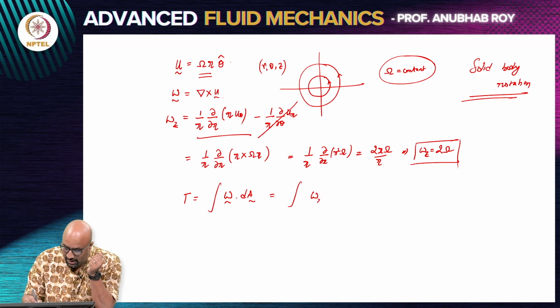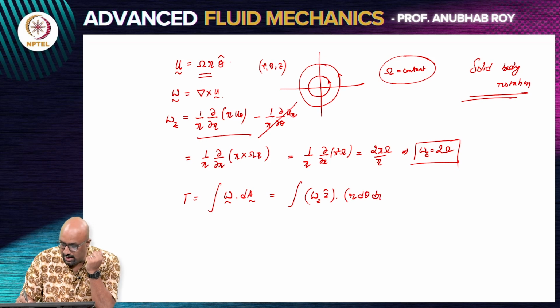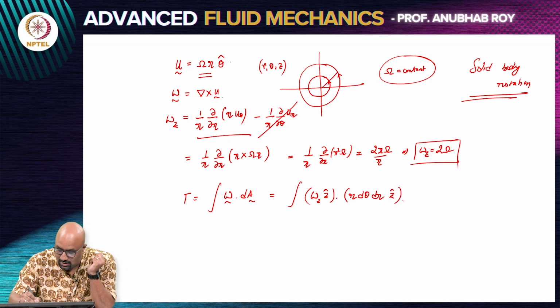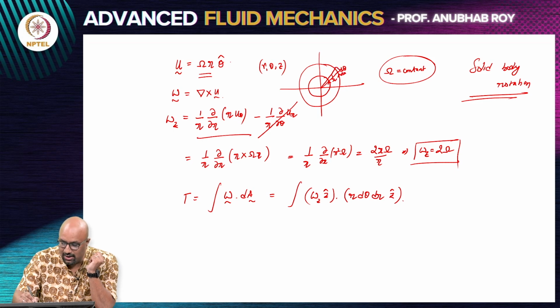So, this is basically omega z, z cap, dotted with the area vector, which is r d theta dr, pointing in the z direction. So, you consider a strip of d theta at a distance r, and then you have dr there.